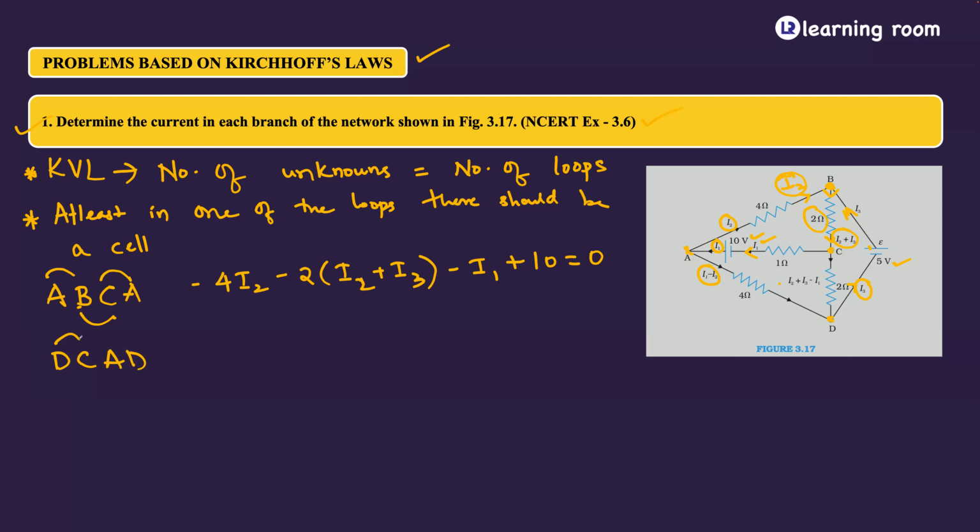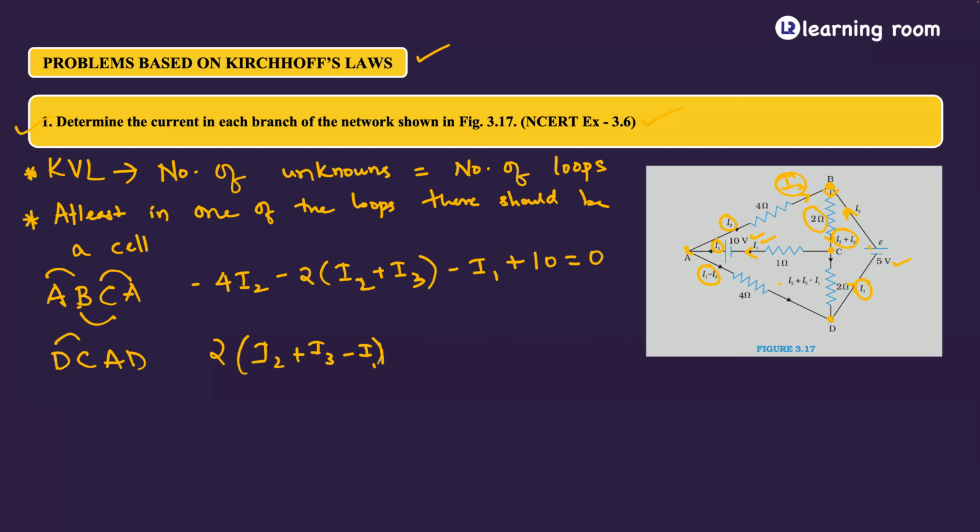Whenever you overcome a resistor, all that you need to do is take that resistance value and multiply it with current. So how much is the current across this 2 ohm resistor? So 2 is the resistance value. I2 plus I3 minus I1 is the current value. Since you are walking in the direction opposite to current, you should take a plus.